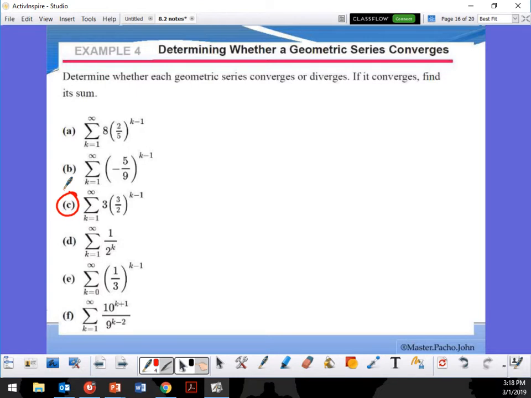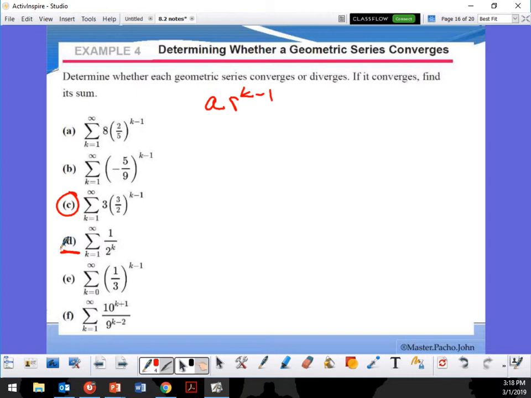Okay, on part D right here, this is the creepy math. But it's actually really not that bad, because I have to be able to rewrite this thing. So I'm going to rewrite it in the form of a r to the k minus 1, right? Okay. Good.